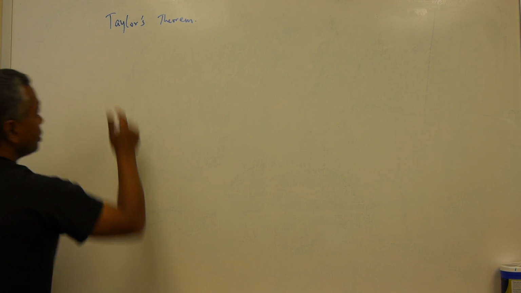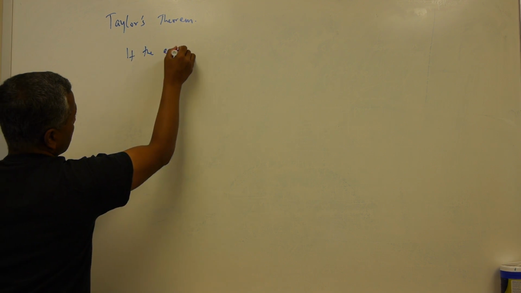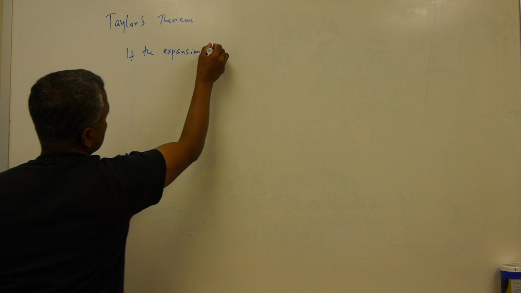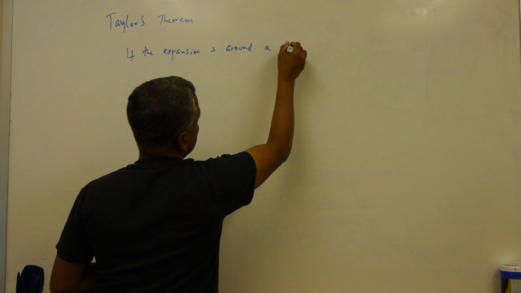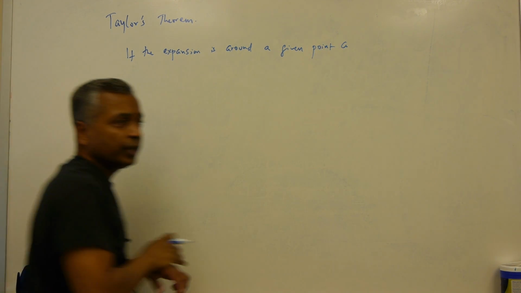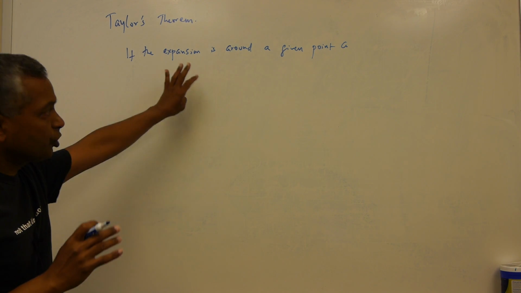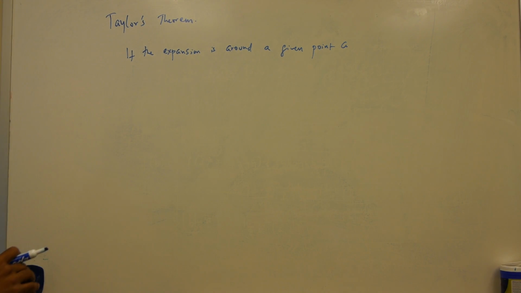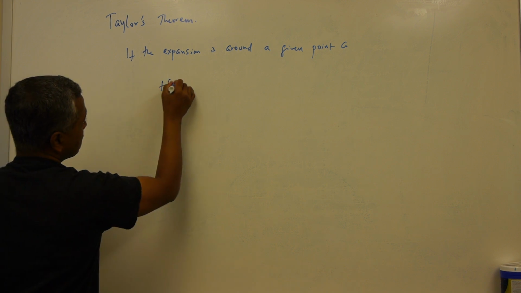So if the expansion is around a given point A, okay, then you can write the Taylor series. This is nothing deep. I'm just rewriting the previous expression in different forms. You can write this as f of x.